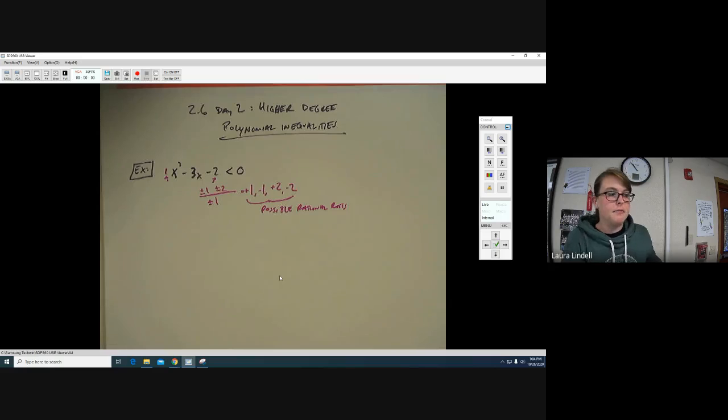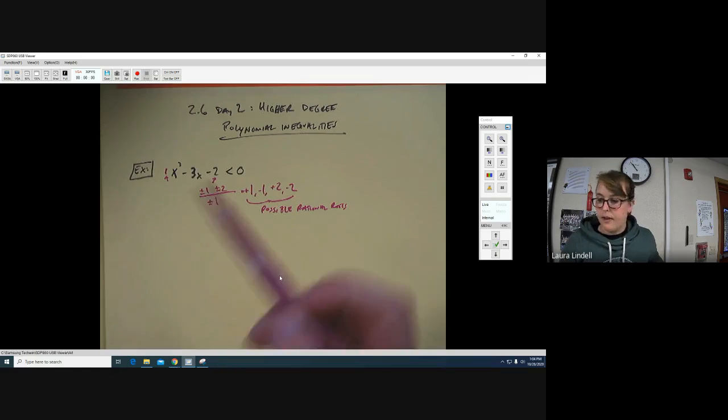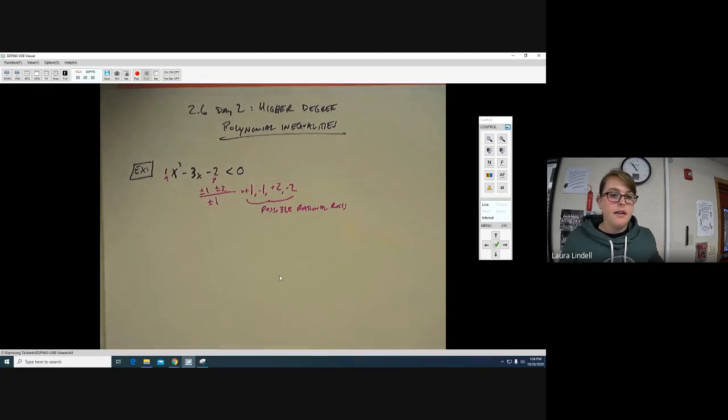But as you might imagine, the more complicated that number is, the more factors it has, the more possible rational roots you end up with. So you could end up testing possible rational roots all day long and spending forever on a single problem. And I'm not a huge fan of that, especially when we have things like graphing.